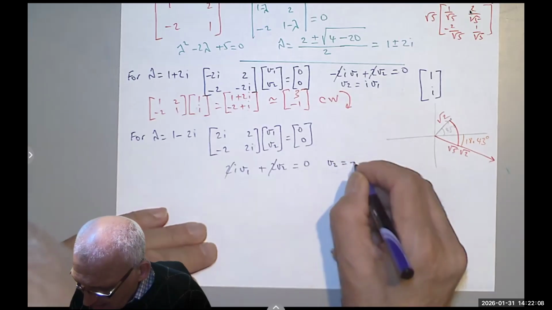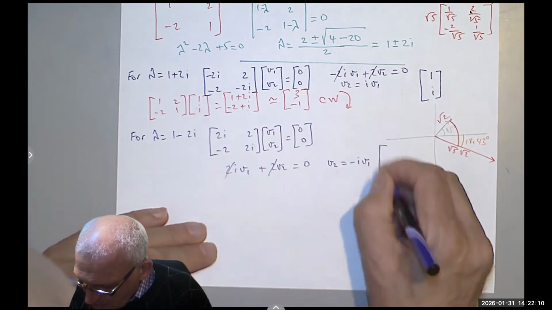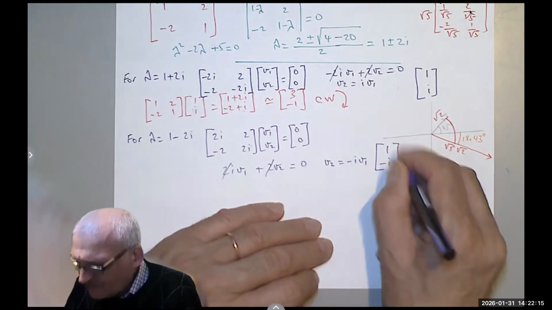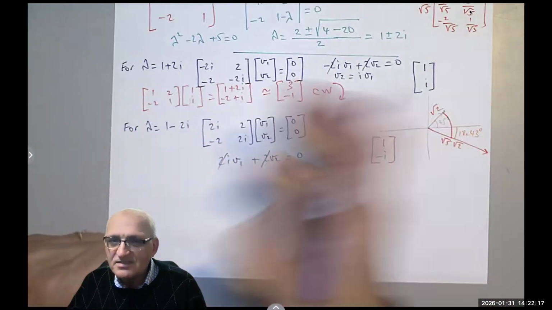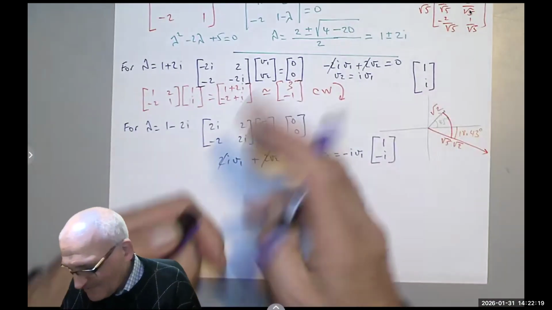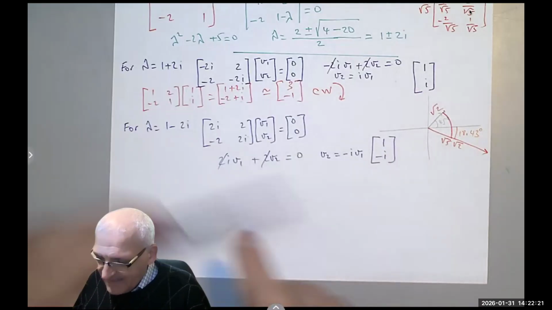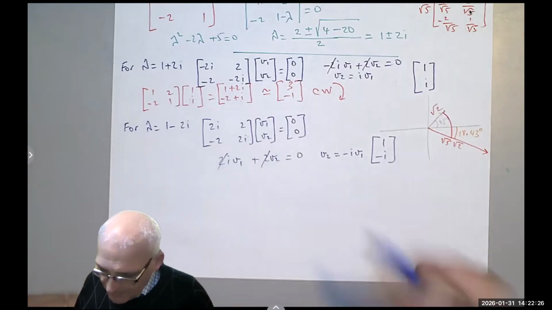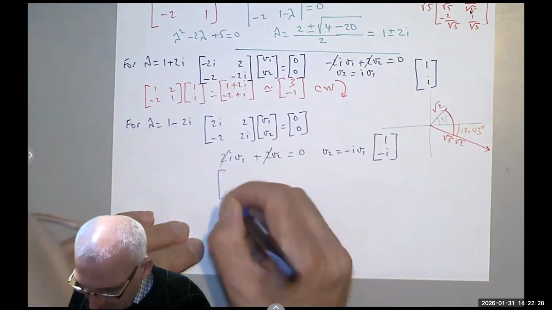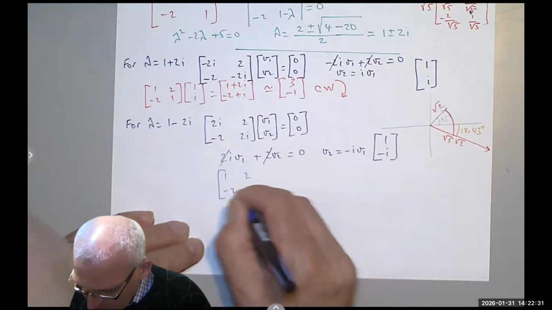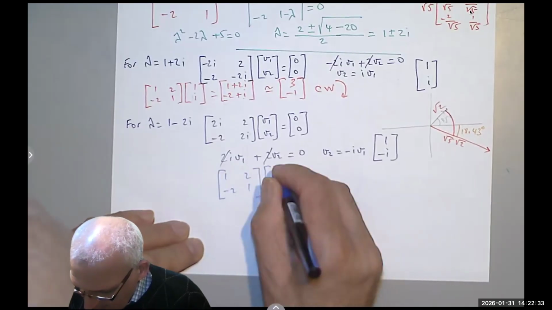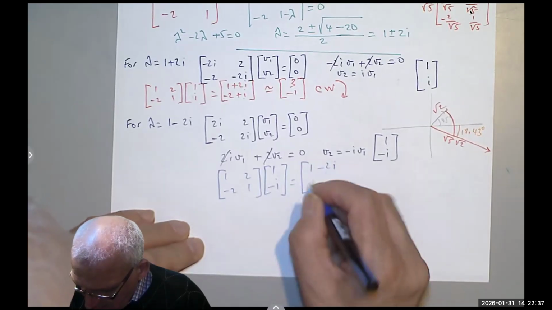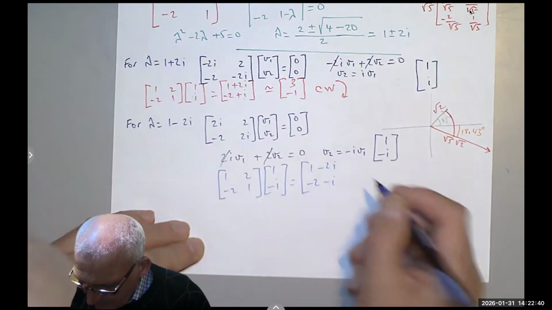I get v2 is negative i v1. So if I say v1 is 1, this would be negative i. Unfortunately, I'm sorry, it's the same as the last problem. We get the same eigenvector, but the idea is clear: you multiply the original matrix 1, 2, negative 2, 1 by 1, negative i, you get 1 minus 2i and negative 2 minus i.